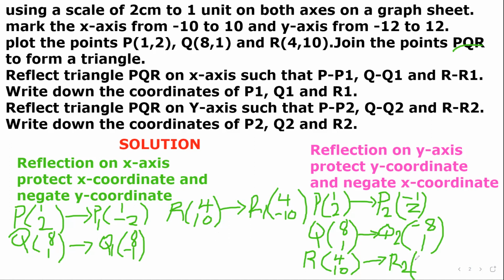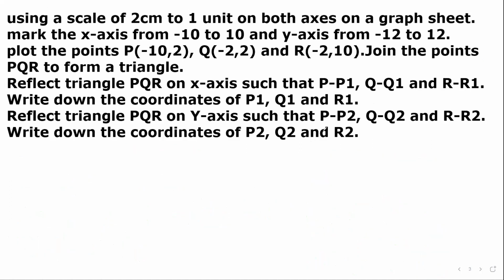Therefore, here you will not touch the y, so you write the same thing here. If it is negative, you write the same negative. If it is positive, you write the same positive. But the effect will be on the x coordinate that will suffer with a negative sign, and then here will be -4 and 10. Okay, good. Now let's solve the last example here.